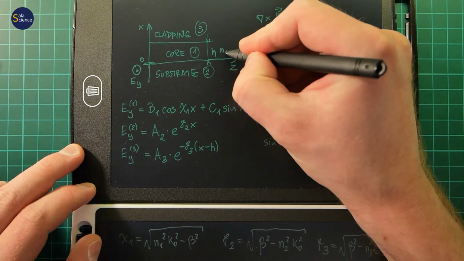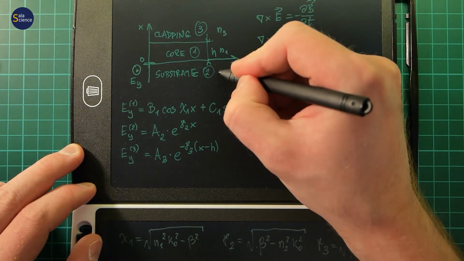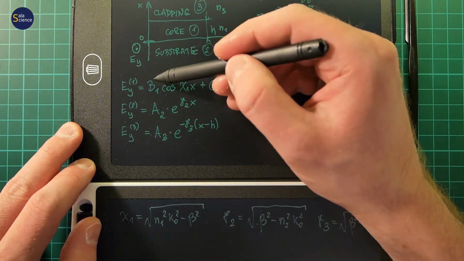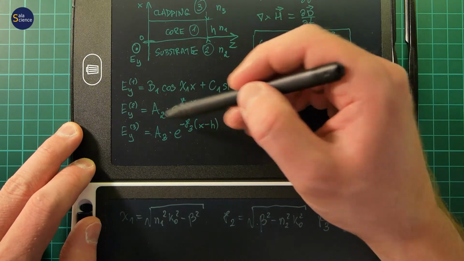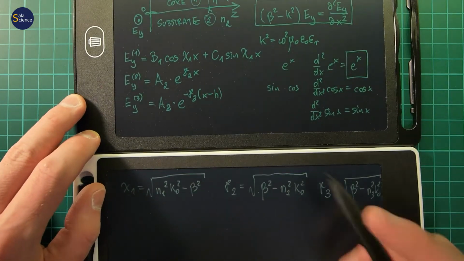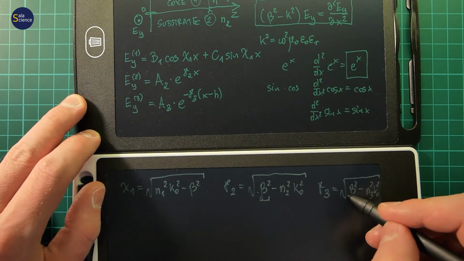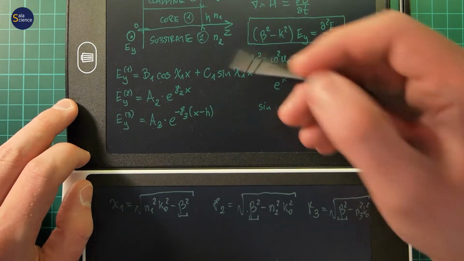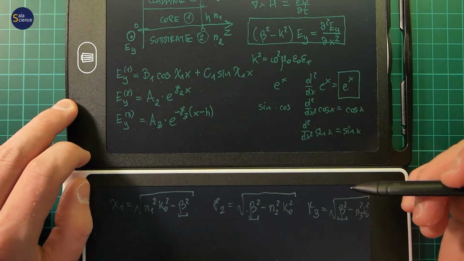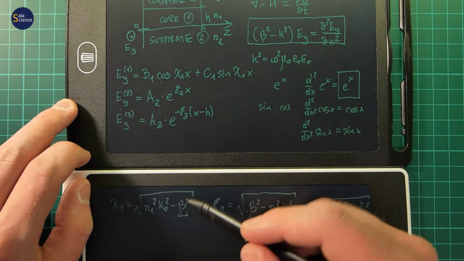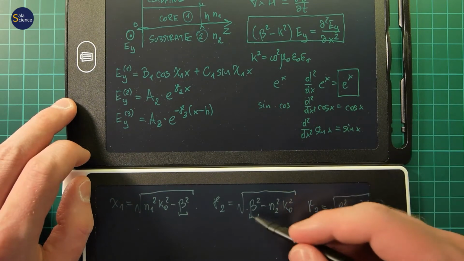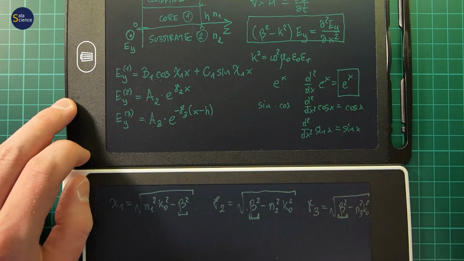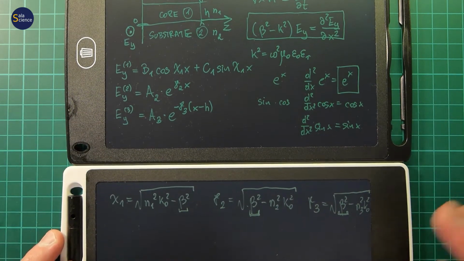Here is obviously n1, n3, n2. So now we are searching for these constants b1, c1, a2, a3, and also for this beta, for the propagation constant. First of all, we must get to know these constants, and moreover we must use some characteristic equation to get the value of beta, which will be different for different modes.